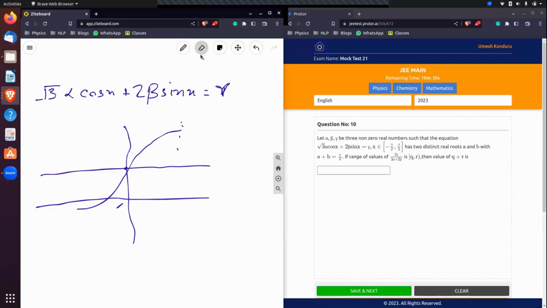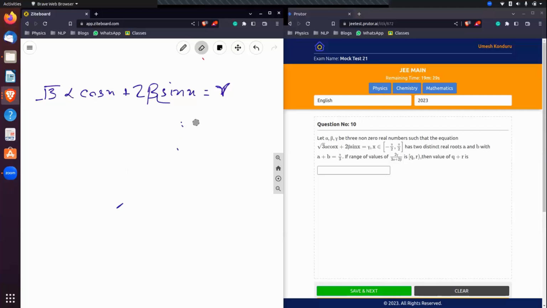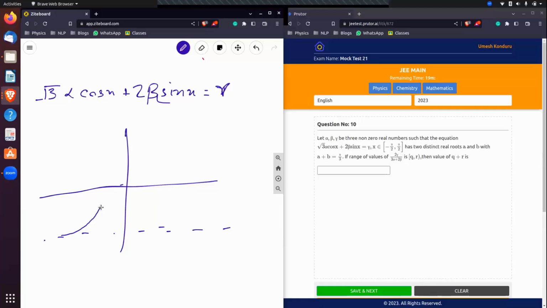Okay. So that means it's a monotonic function. So we just plot it again. Between minus pi by 2 and pi by 2, it goes off from, we put minus pi by 2, this becomes minus 1. So you go off from minus 2 beta. Let's say assuming beta is positive, you can go this way. And then at 0, it's equal to root 3 alpha.